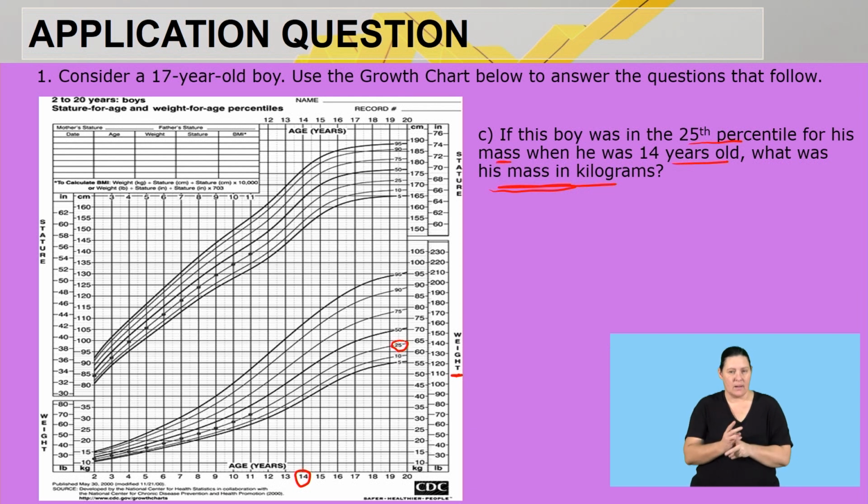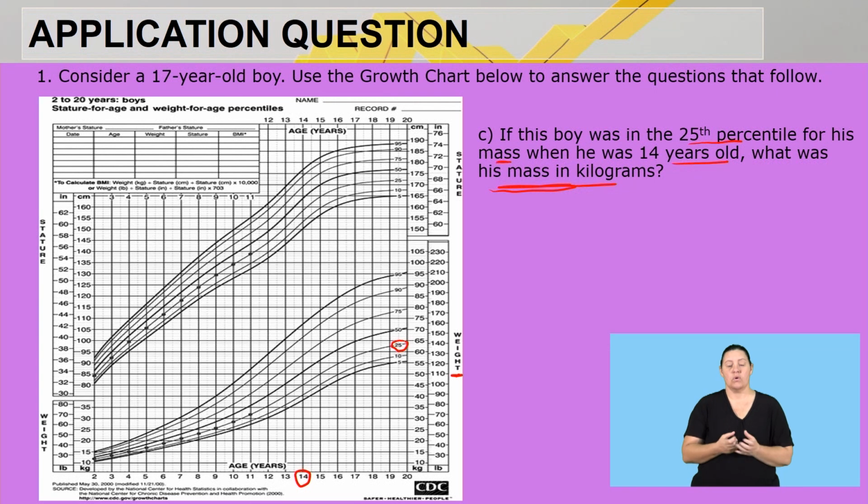So therefore, I'll start, again, it's our weight, mass. I'll start at 14 years. That is, right? What else is important? 25th percentile. So what is it that we have to determine? We need to determine his mass in kilograms, right? So again, we need to find the point where the two meet, where they intersect. So I'm going to start at 14 years all the way up, right? And I will go to 25th percentile, follow the curved line. In this case, I see they meet right here. Okay, so I found the point of intersection. Now I'll move to my right-hand side.